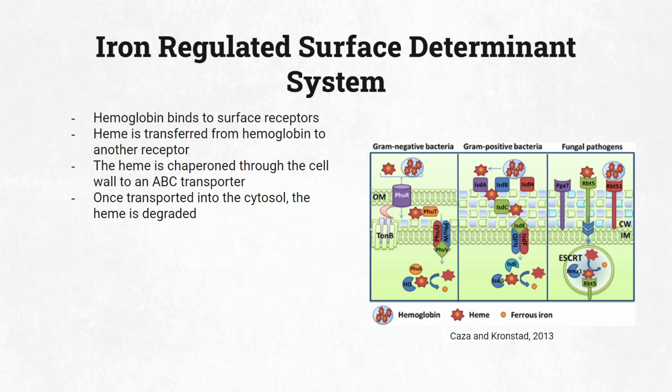Once there, it breaks down into the heme constituents and passes them through the cell wall using chaperone proteins. Once the chaperone gets through the cell wall, it will pass the heme group through an ABC transporter into the cytosol, where it undergoes the same degradation into biliverdin, carbon monoxide, and ferrous iron to be used by the cell.